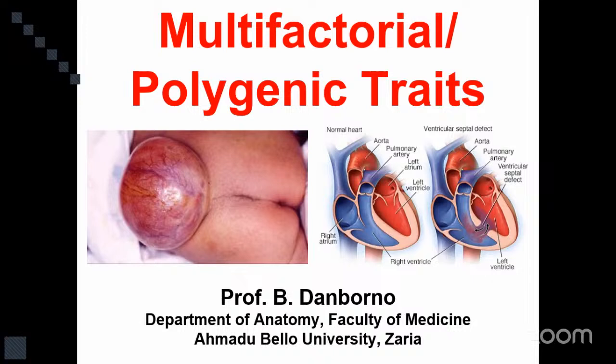Okay. If there are no questions, we move on to multifactorial or polygenic traits. When we talk about multifactorial, we are talking about the fact that genes can interact with the environment and produce a particular kind of phenotype, or instances where we need more than one gene to produce a particular effect.